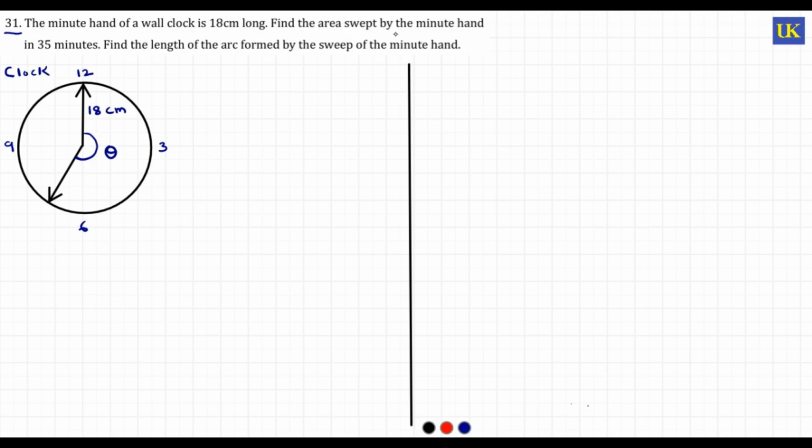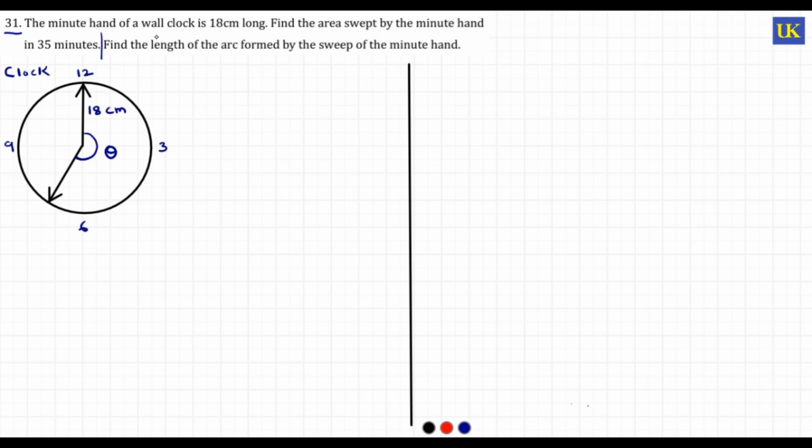Find the area swept by the minute hand in 35 minutes. So how much area will the minute hand cover in 35 minutes? So this is one question. And then another question is, find the length of the arc formed by the swept of the minute hand. So first question we will see, and then we will see the second question.